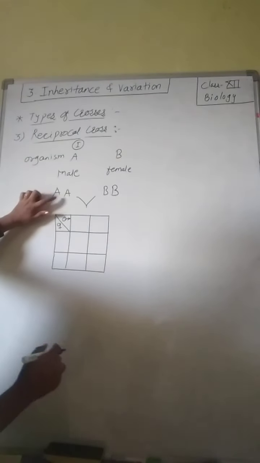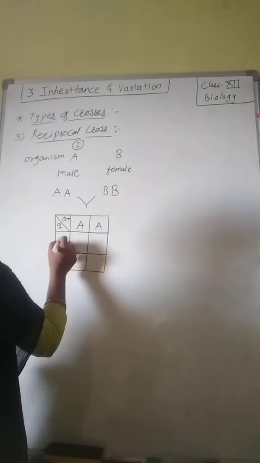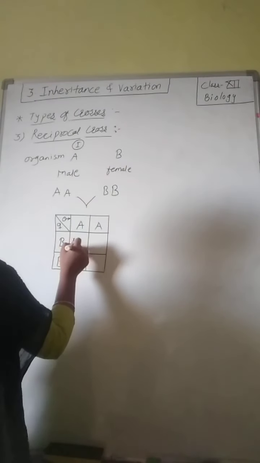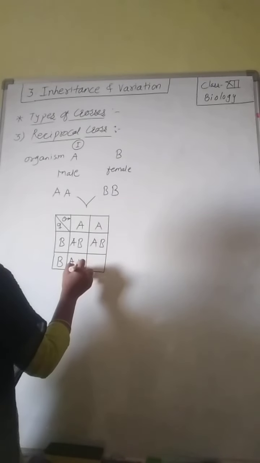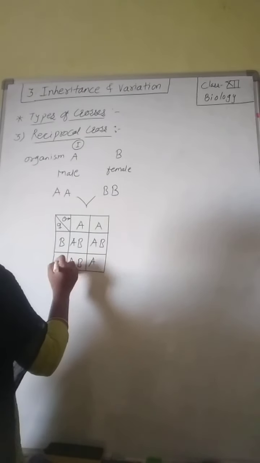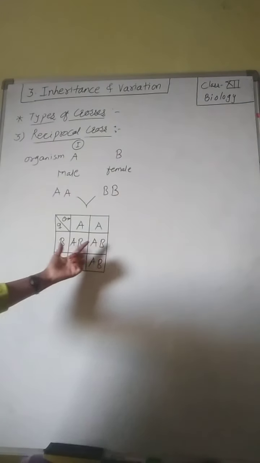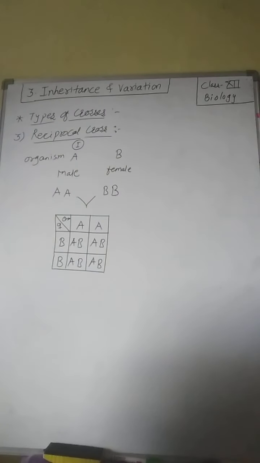Male is capital A and capital A. Female is capital B and capital B. So which type of gametes are here? Capital A capital B, capital A capital B, capital A capital B, again capital A and capital B. So we can see that all are capital A capital B. This is the first case.